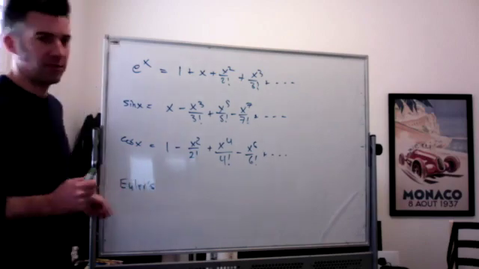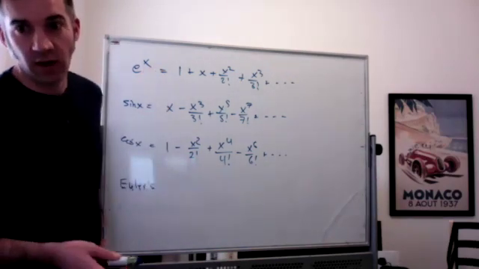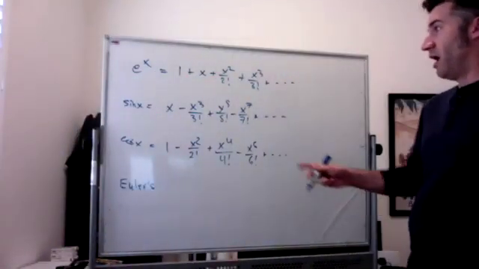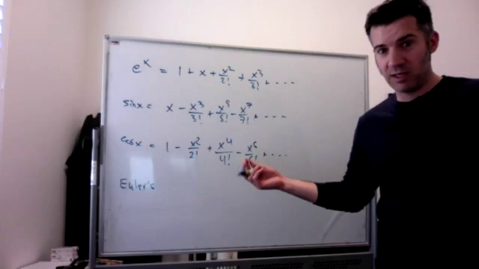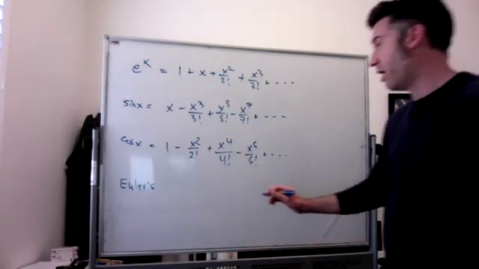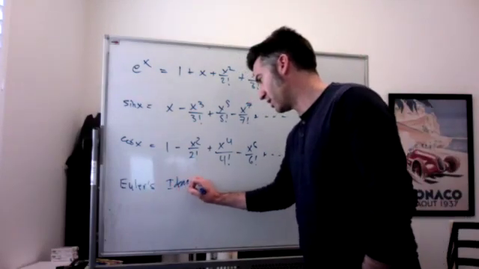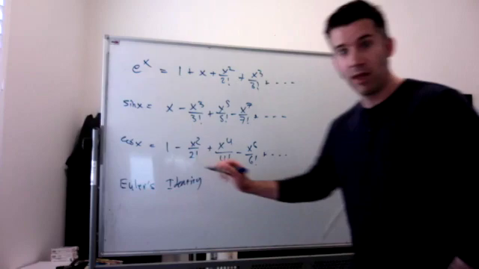Everyone wants to pronounce this Euler, but it is pronounced Euler. Euler's identity is kind of cool. I'm going to show you this just because it's very famous. You probably don't need to know this a lot, but it only takes a minute. After this, we'll get back to our more regularly scheduled program.